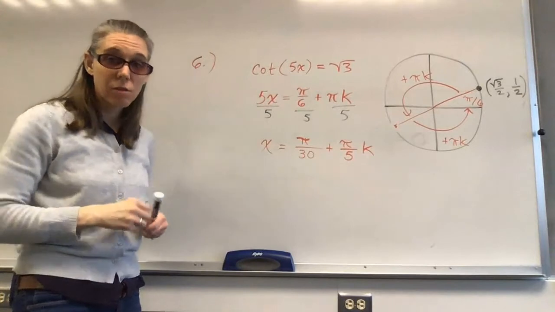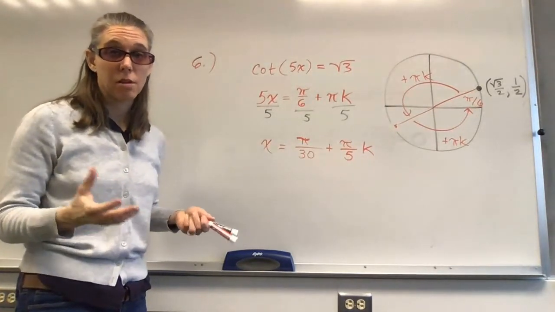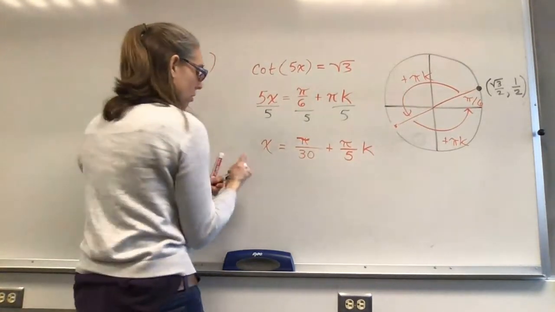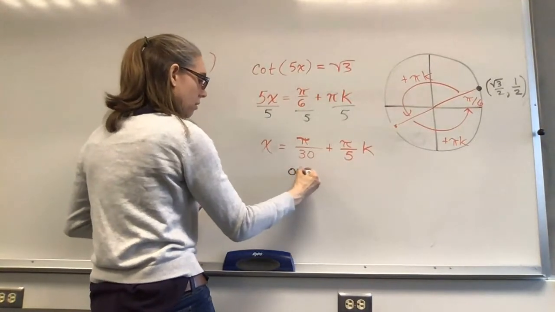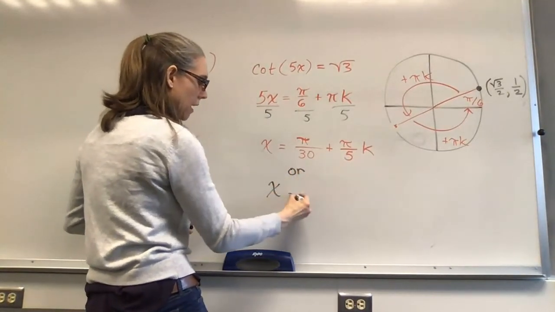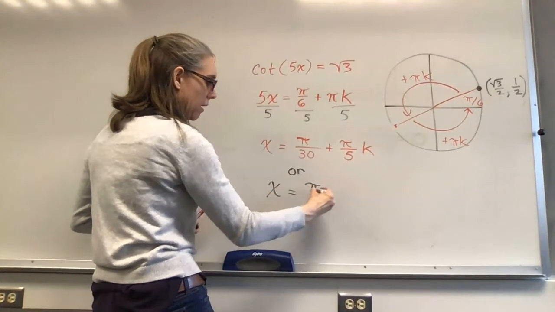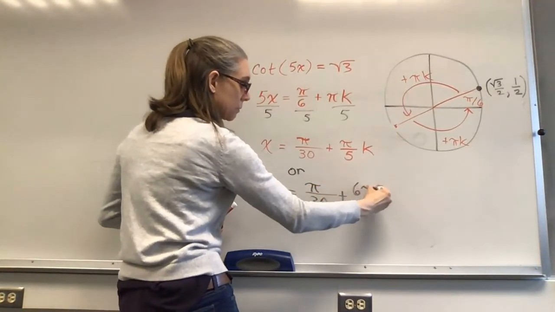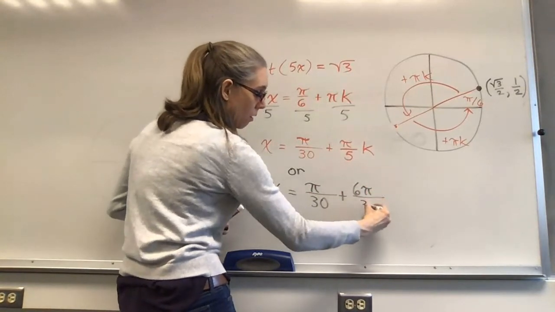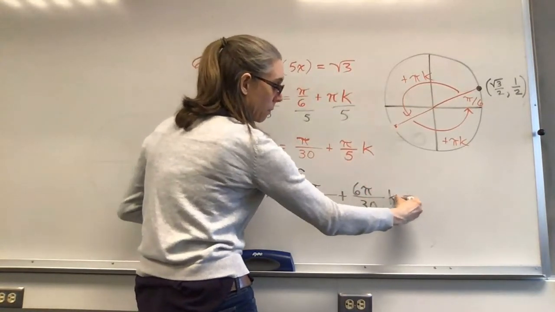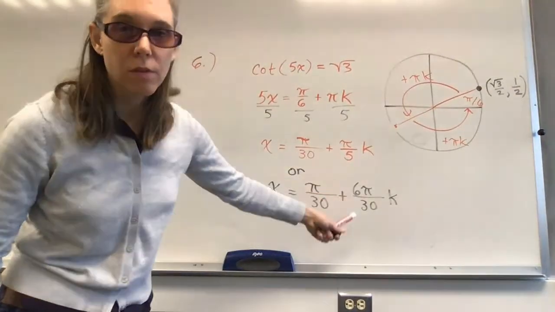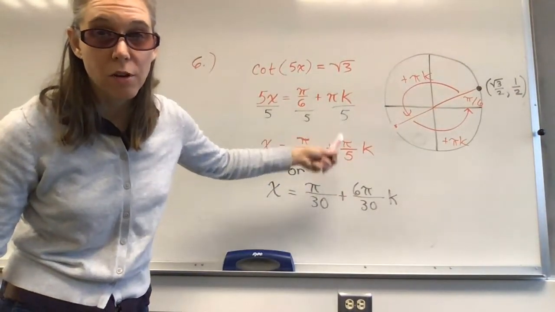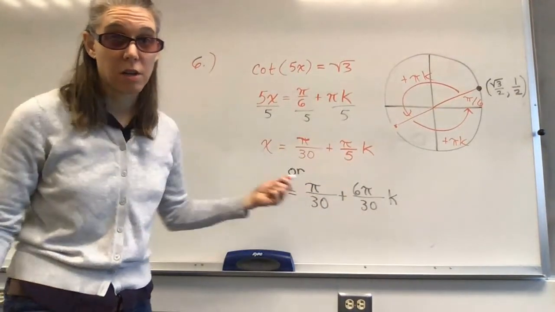Now, if it's helpful for you to get a common denominator, you can. So you could say that x is equal to pi/30 plus (6 pi/30)k. 6 pi over 30 is the same as pi over 5. I just made sure that the denominators were the same.